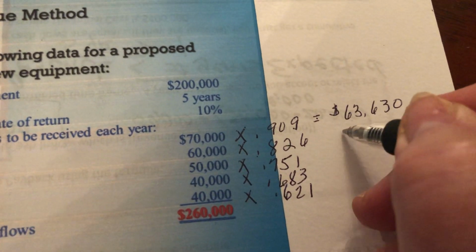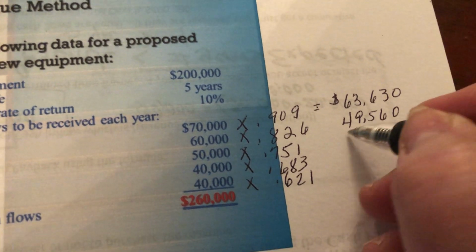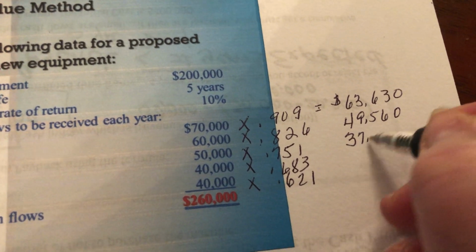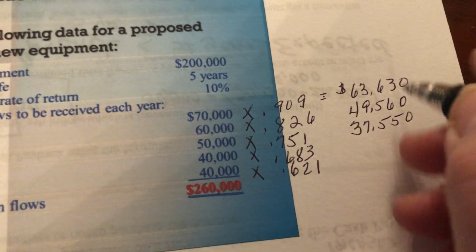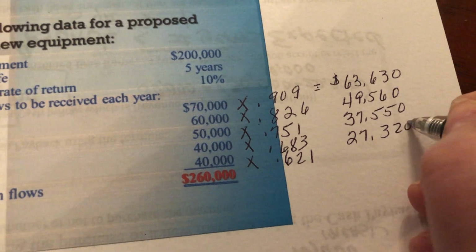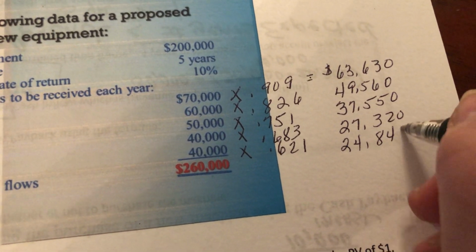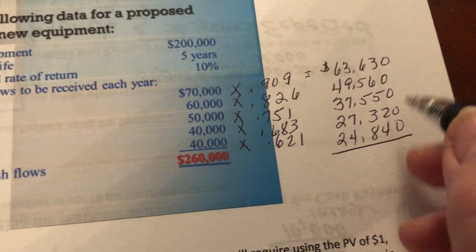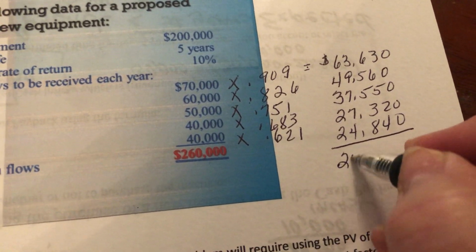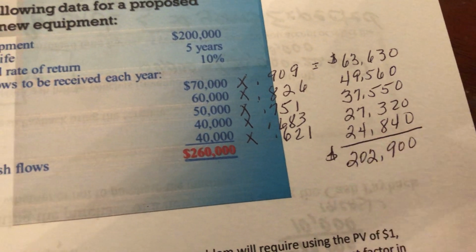Okay. Now when you do those multiplications, these are the numbers that you come out with. 63,630, 49,560, 37,550, 27,320, and 24,840. Okay. Add those up and you come up with 202,900. Okay.